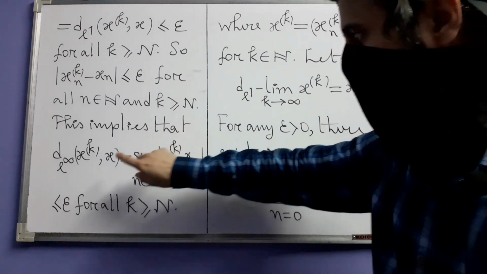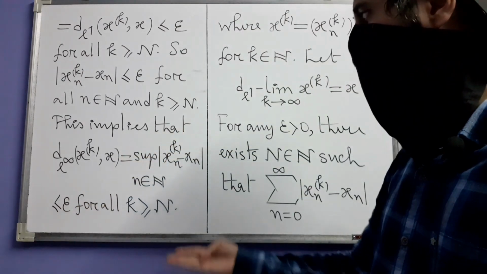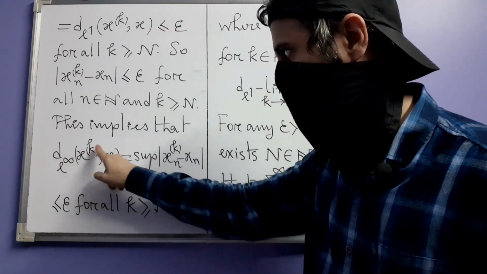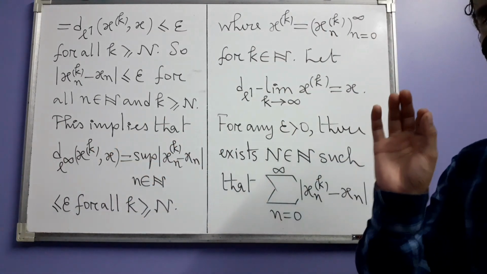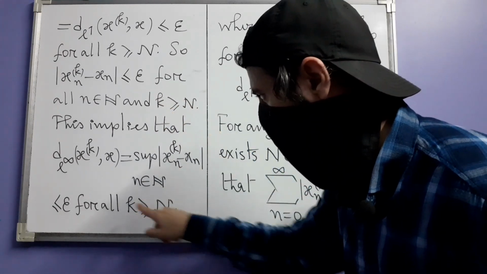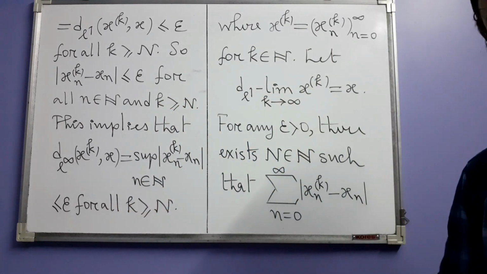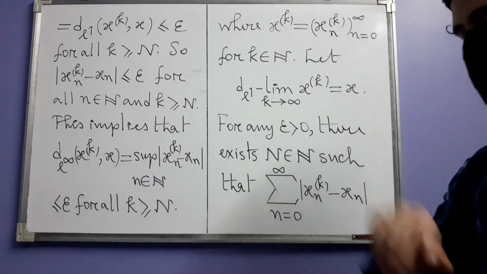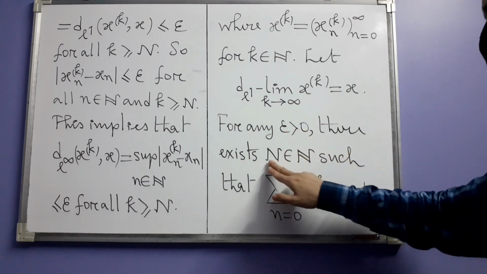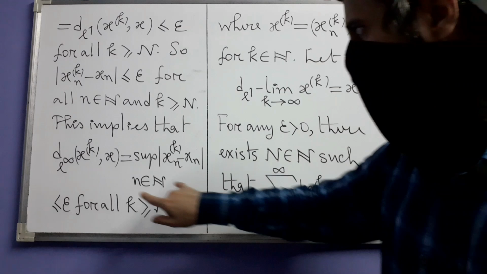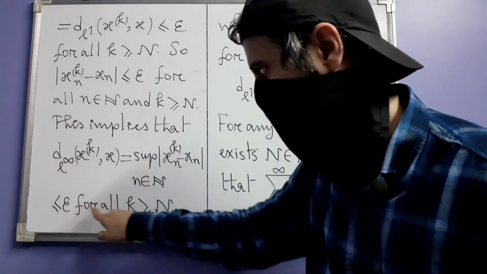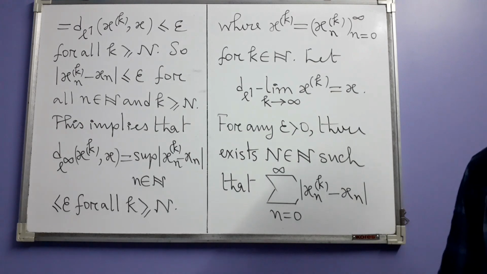So the supremum will be less than or equal to epsilon. This supremum, however, is the dl infinity distance between xk and x. And keep in mind that this thing is happening for any such k, for all k greater than or equal to N. So what have we shown? We have shown that for any epsilon greater than 0, there exists a natural number N such that the dl infinity distance between xk and x is at most epsilon for all k greater than or equal to N.